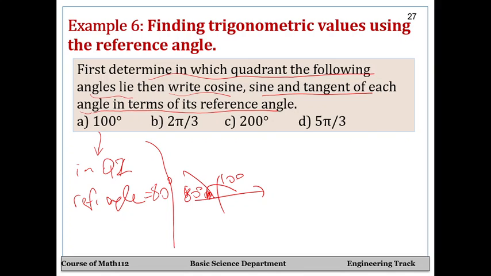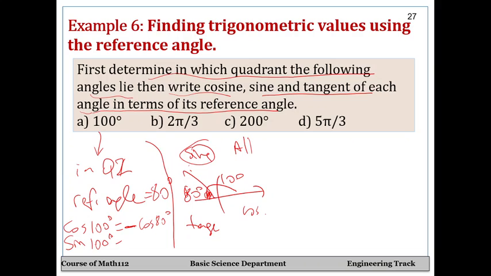So what is cosine 100? All students, sine, tangent, cosine. Only sine is positive, so cosine will be negative: cosine 100 is minus cosine 80 degrees. Sine 100 will be positive because of the sign here.